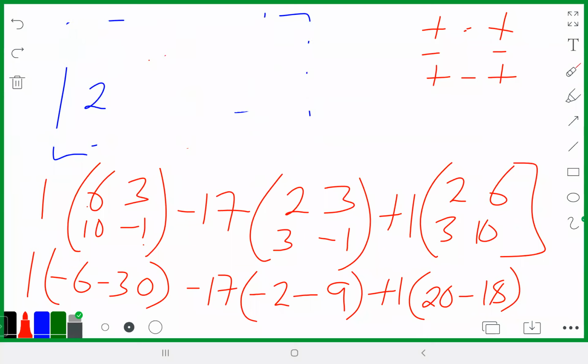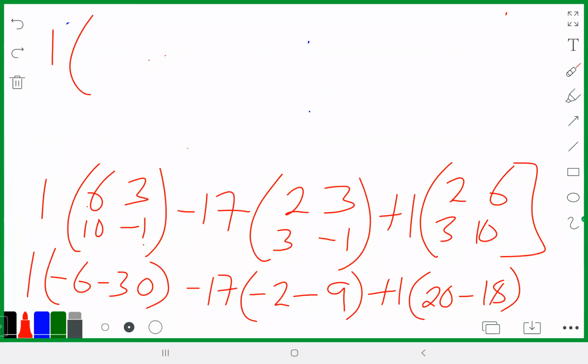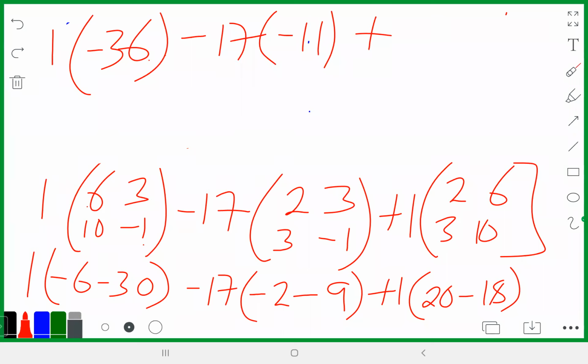All right. So how do you go about it? Very, very easy. So from here, you can have your 1 times the -36, -17 times the -11, plus the -1 times -2 times 2, not negative, because 20 minus 18 is +2, like that. 1 times -36 is -36.